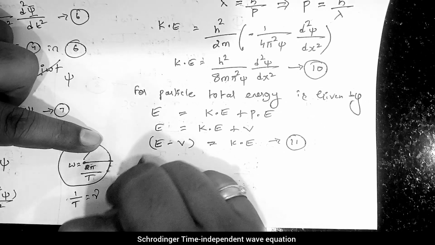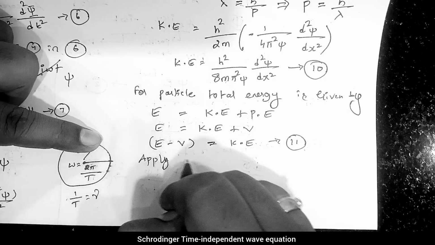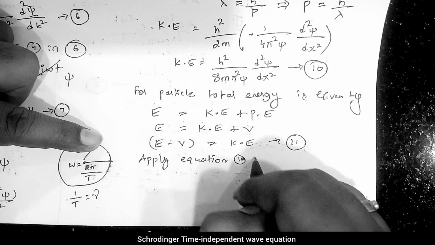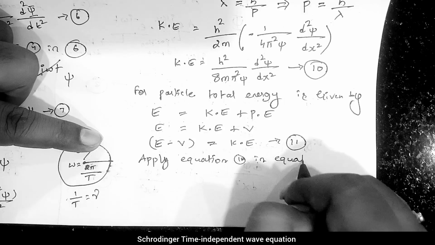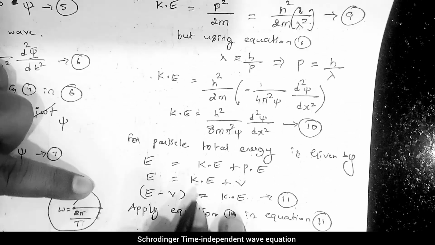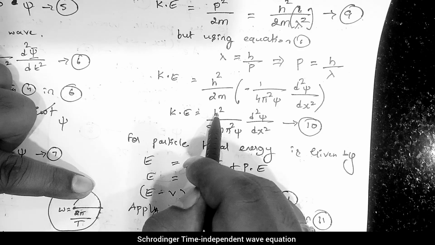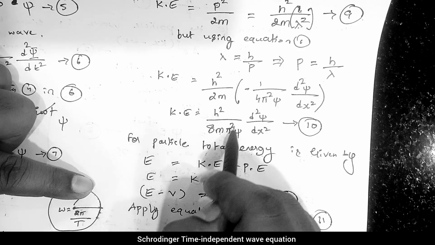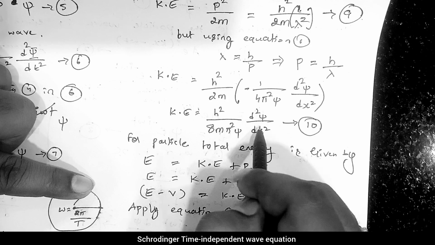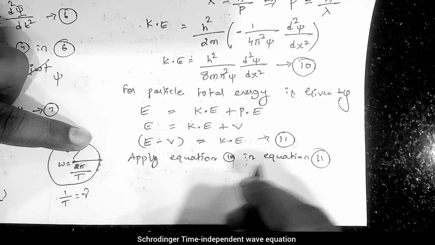Now apply equation 10 in equation 11. Just apply the kinetic energy value. What is the kinetic energy value? h square divided by 8m pi square into psi d square psi divided by dx square. This value I will be applying for equation 11.